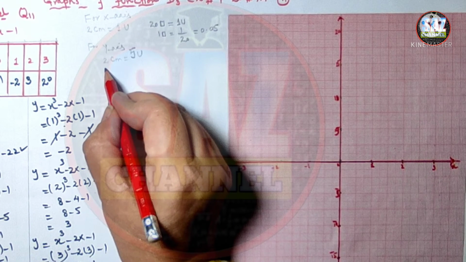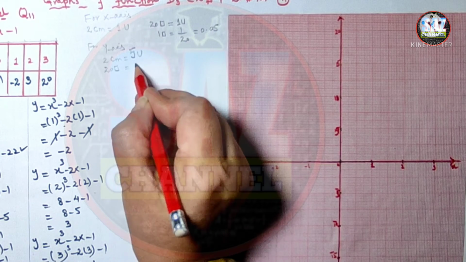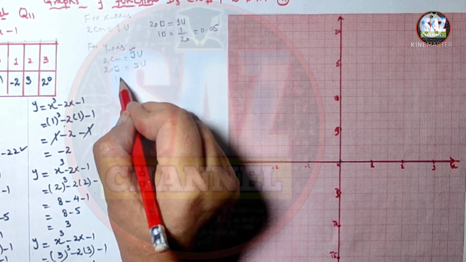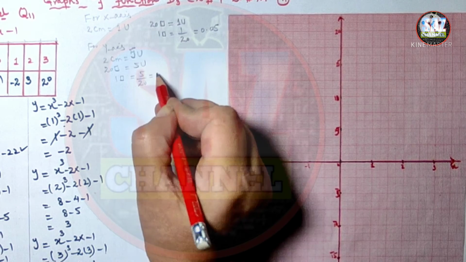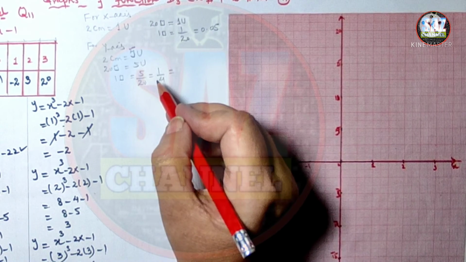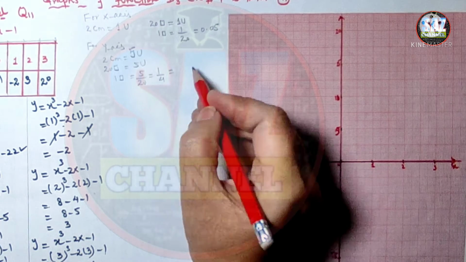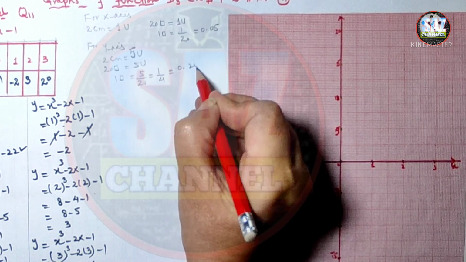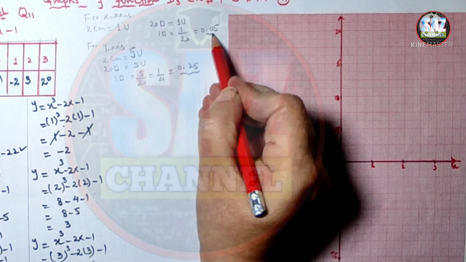Two centimeters means that 20 small blocks are equal to 5 units, so one small block will be equal to 5 by 20, which is equal to 1 by 4, or 0.25. 1 divided by 4 gives me 0.25. So one tiny block has a value of 0.25 on the y-axis.